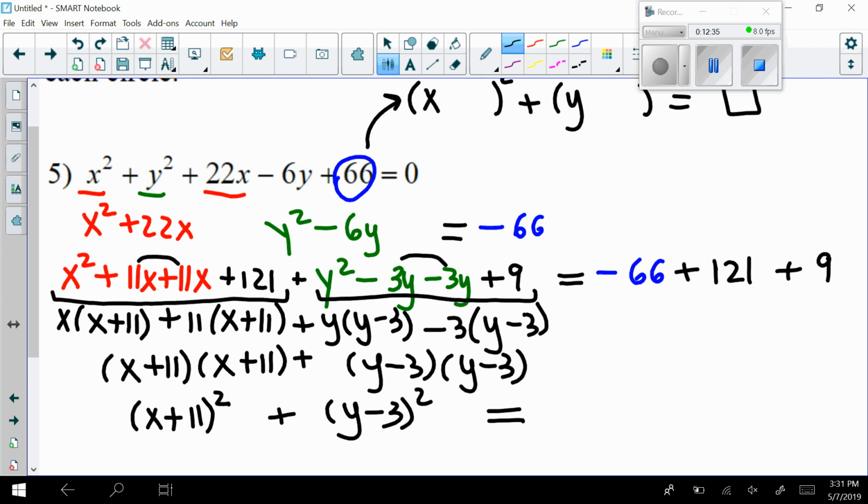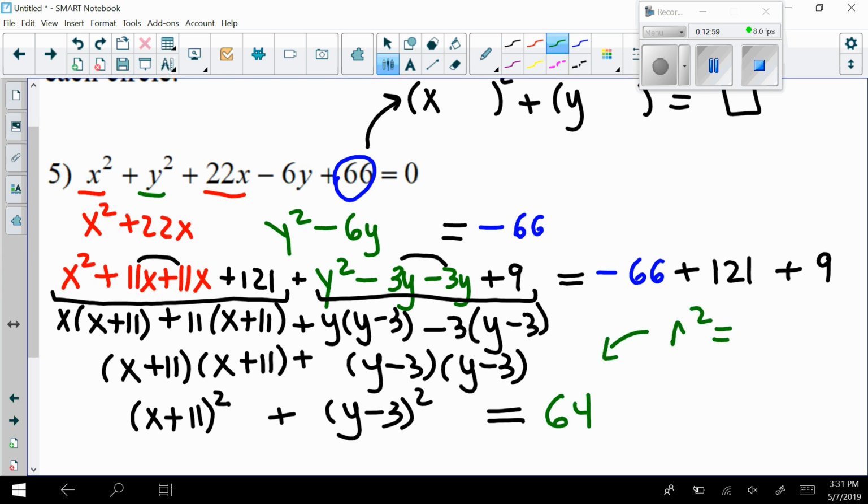The only other thing I need to do here is figure out my radius. So I very carefully have to double check, what do all of these numbers add up to? So I'm going to say negative 66 plus 121 plus 9 gives me a 64. Now remember that 64 was the radius already being squared.